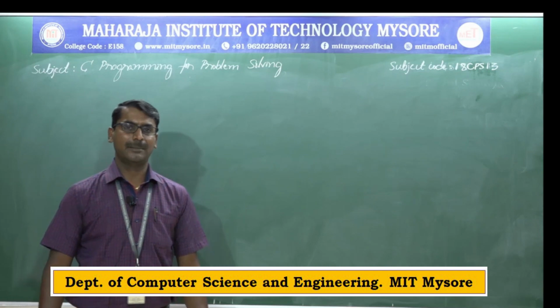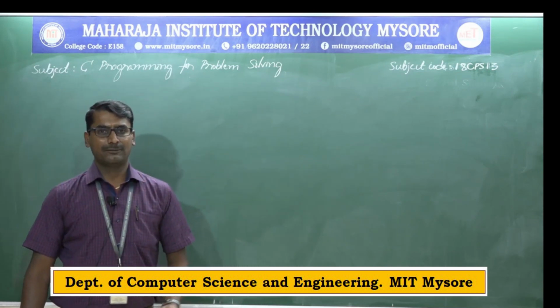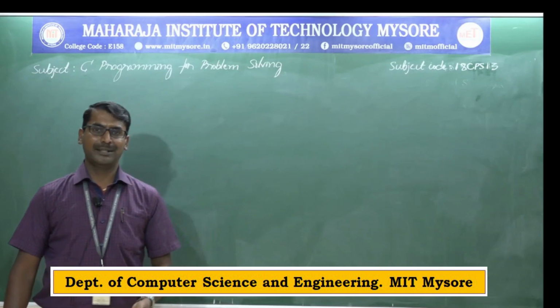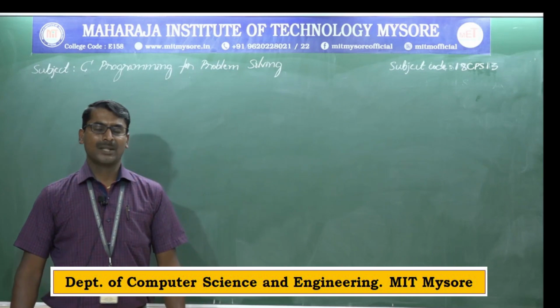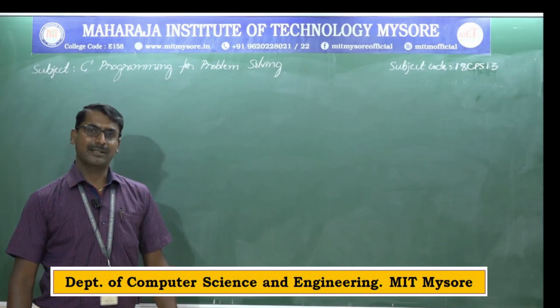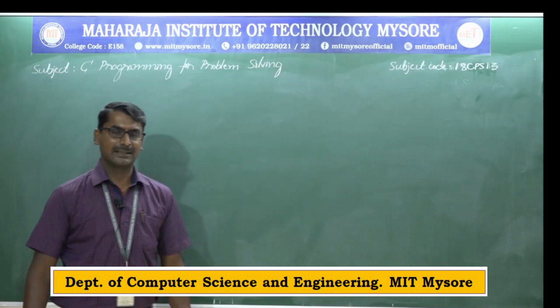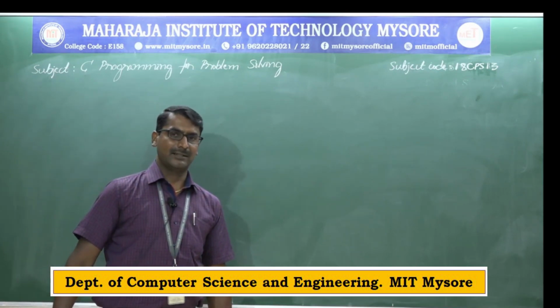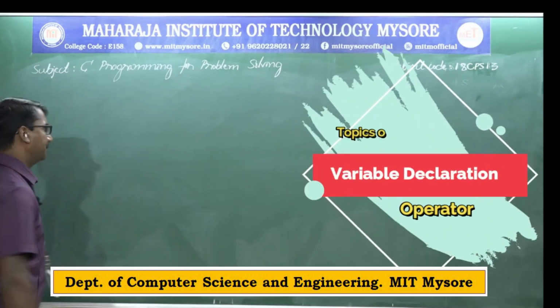In data types, size is the word size. The size of integer, float and double varies from one machine to another. The size of the character data type is the same in all compilers. Up to that we discussed in the last session. In this session we are going to discuss the declaration of variable.